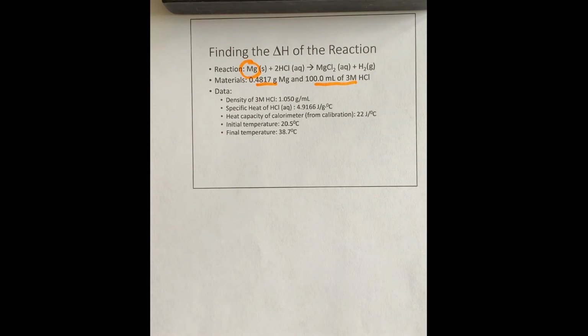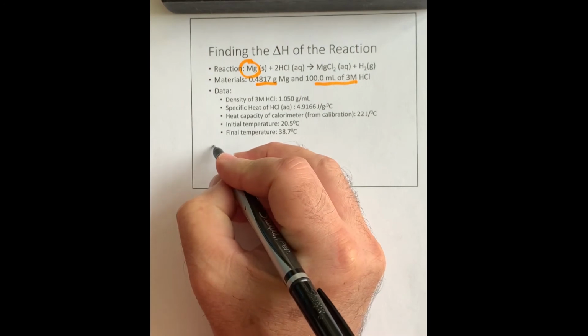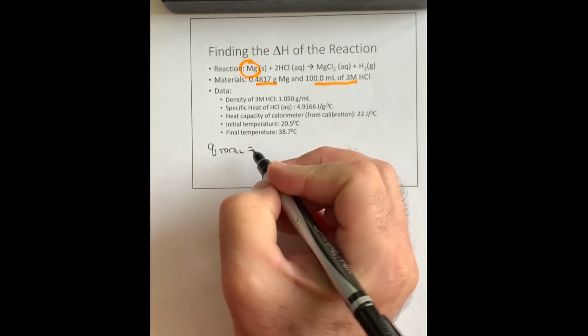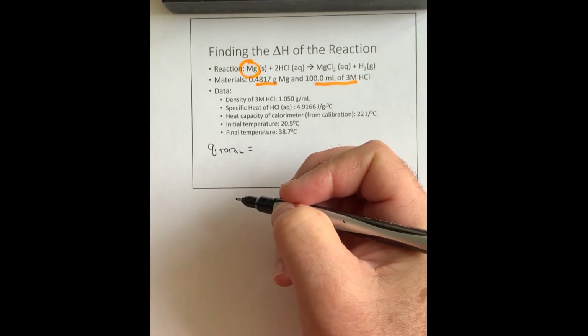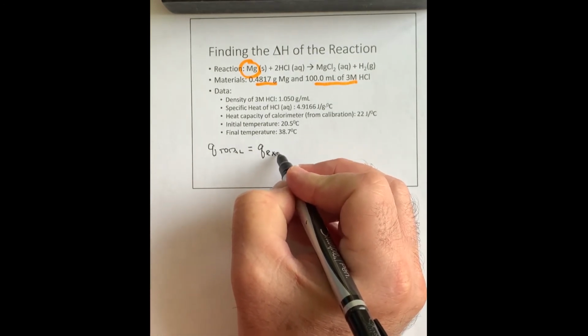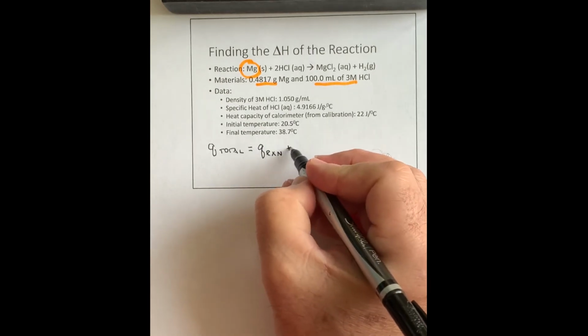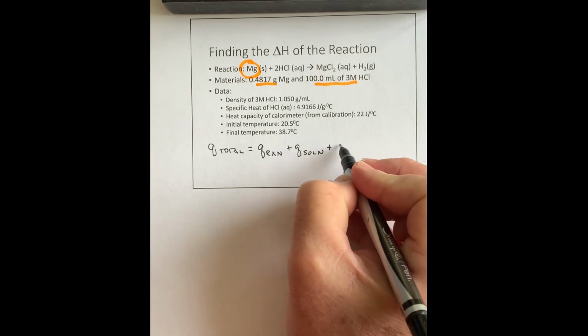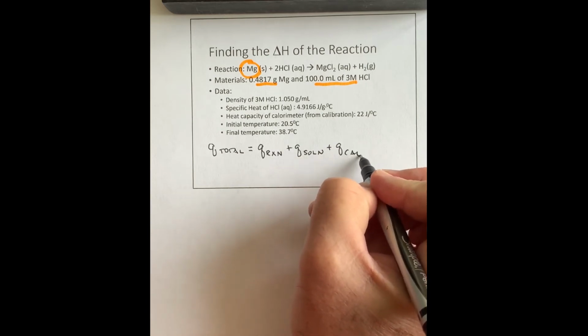So let's go ahead and remind ourselves of how this works. Remember, the total heat that is evolved in this solution is made up of three different things. You have the heat of the reaction, you have the heat exchange of the solution, and then you have the heat exchange of the calorimeter.